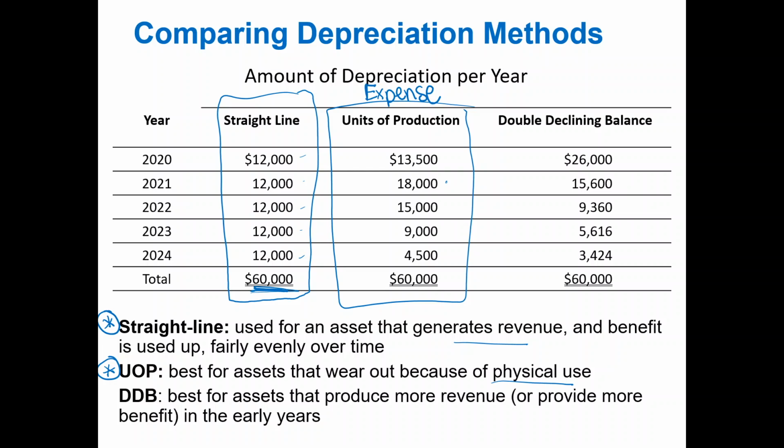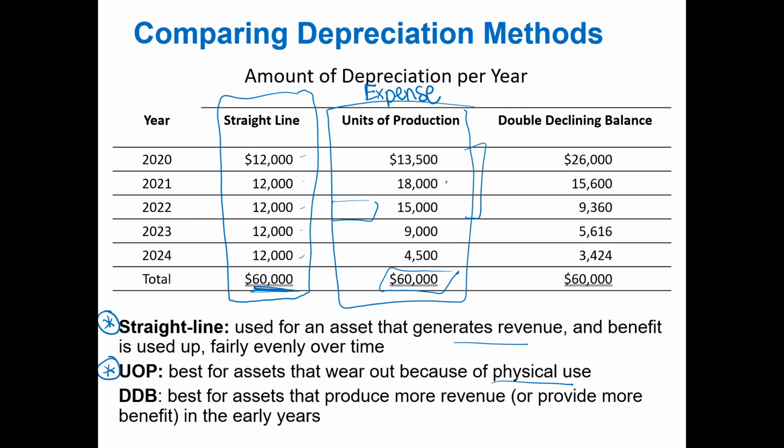Now for this example, as I mentioned earlier, it just happened to be that we got to this $60,000 after 5 years. But that's how the question was written. That's not necessarily the case, because if you're using units of production, you're just looking at the number of units, or in our case, the number of kilometers. Therefore, if the kilometers driven were different than we were given here, we might have ended amortization in year 3 if we drove it more to start.